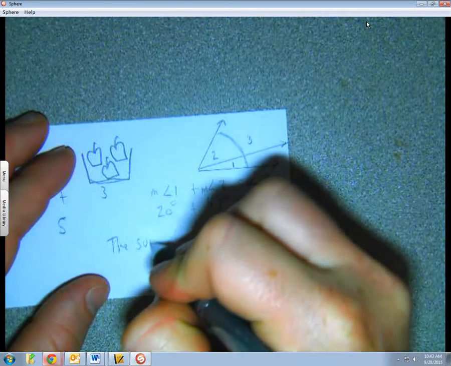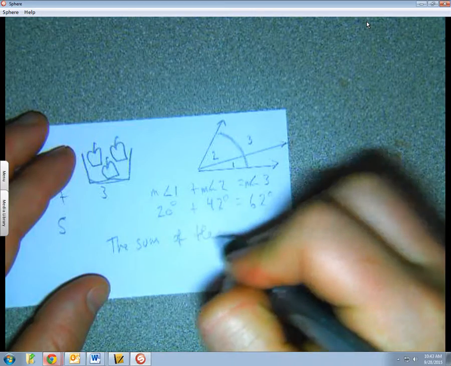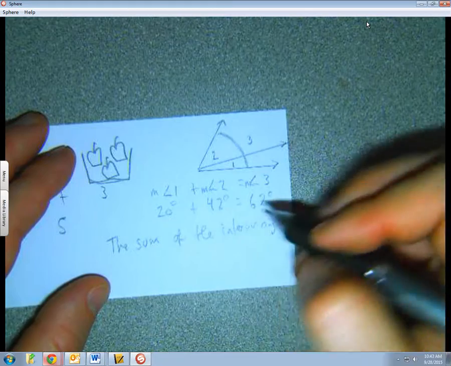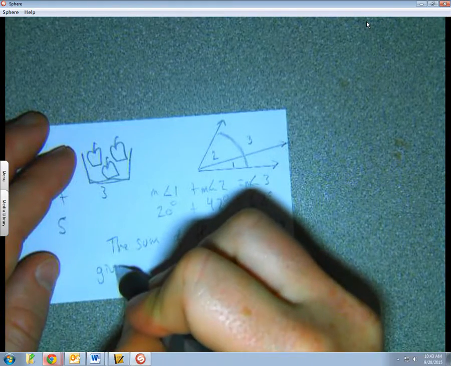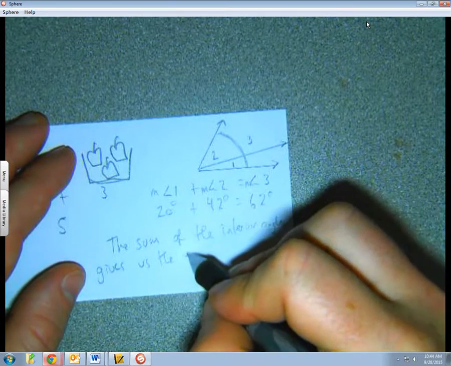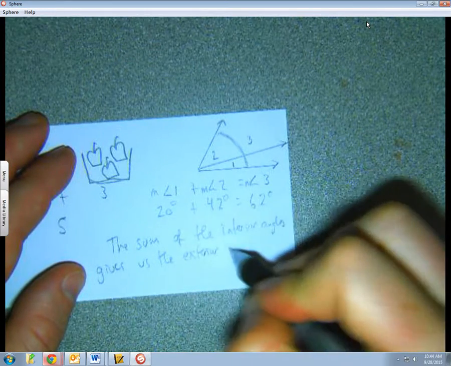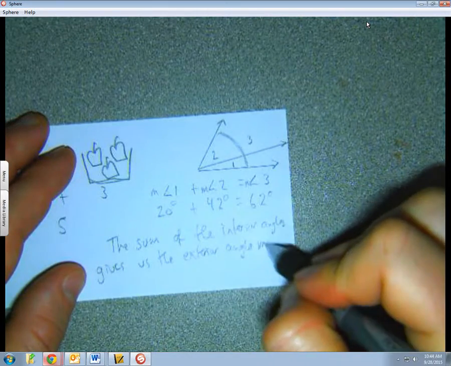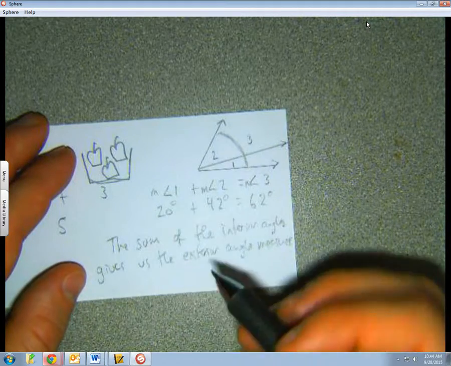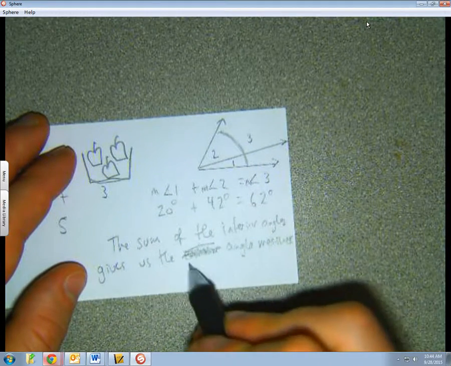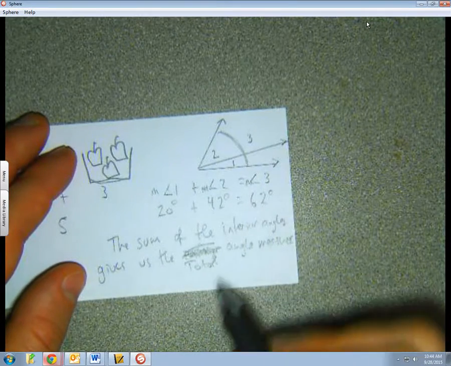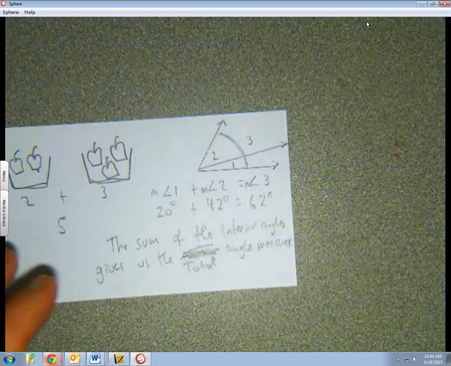The sum of the interior angles gives us the exterior angle. I'm not crazy about exterior. It gives us the total. I'm going to cross that off and go total, because there is something called an exterior angle and I don't want to get it confused moving forward.